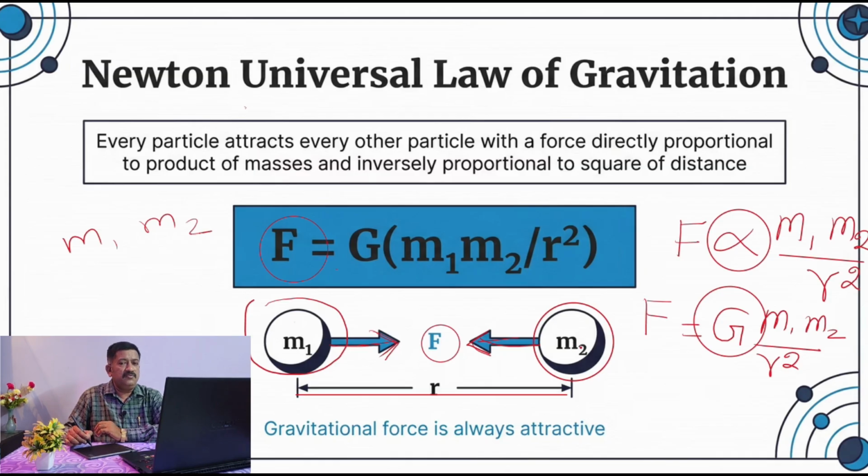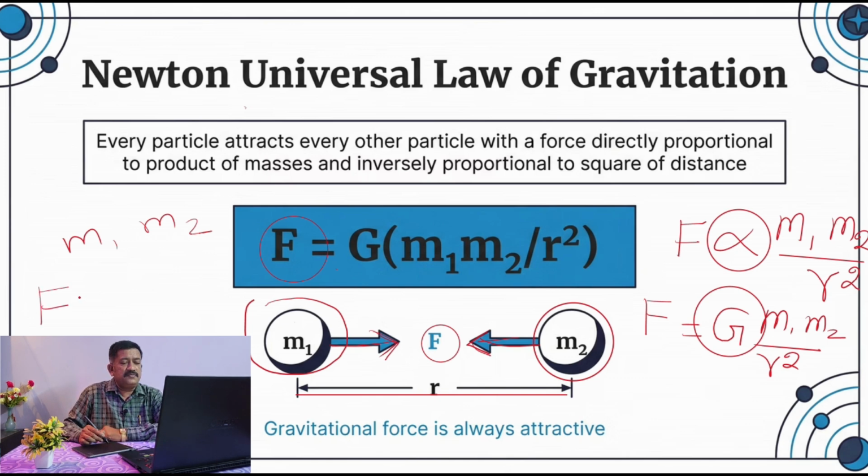In most of the laws, we have to keep the constant in our mind. Sometimes that constant value is not given in the question. At that time we have to use our memorized values. You should not confuse it with small g. Small g is acceleration due to gravity, it is 9.8. Capital G is the universal gravitation constant, its value is 6.67. So you should not be confused by the similar symbols.